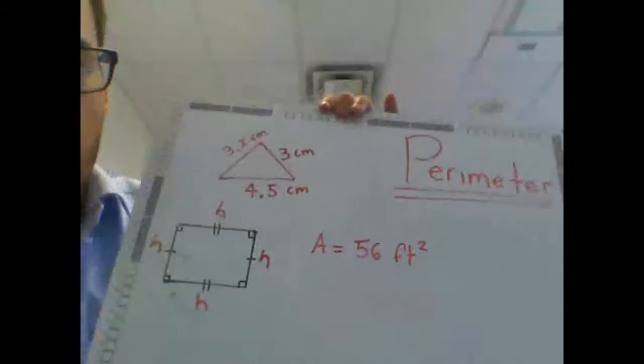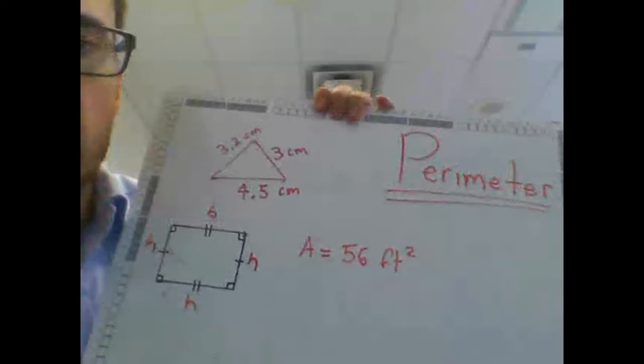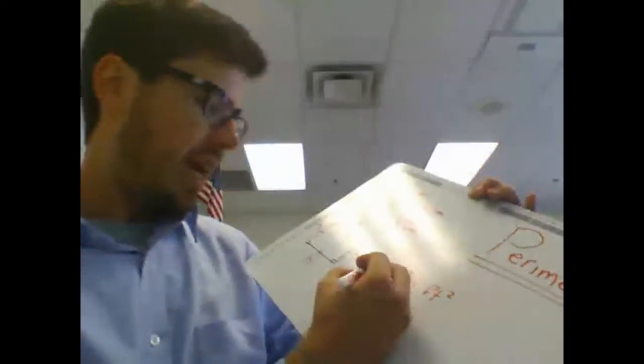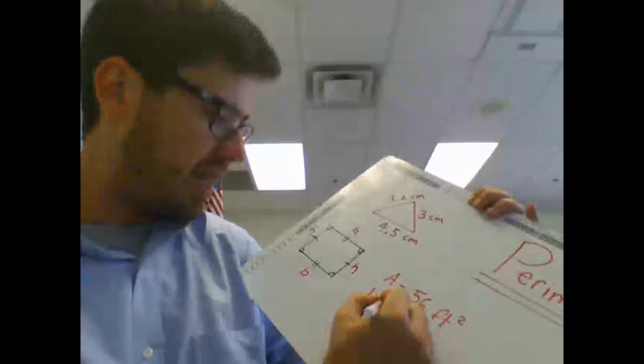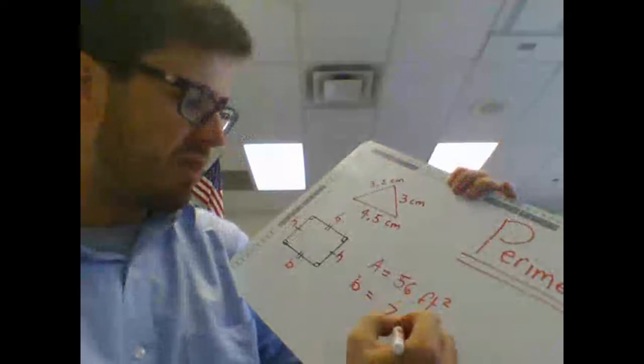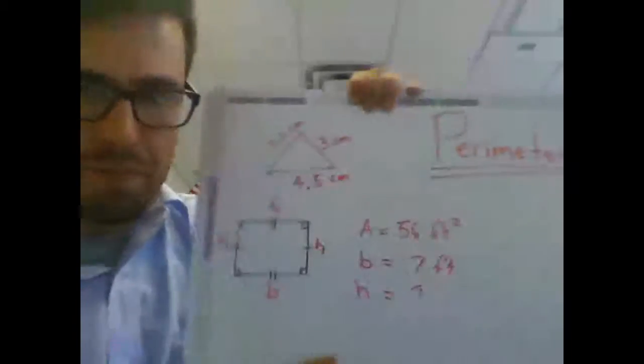Area of our rectangle is equal to 56 feet squared, and base is equal to 7 feet. What is the height?